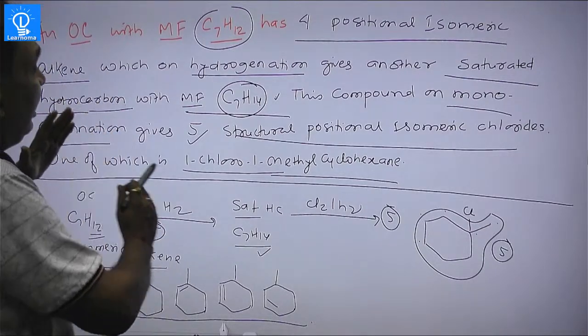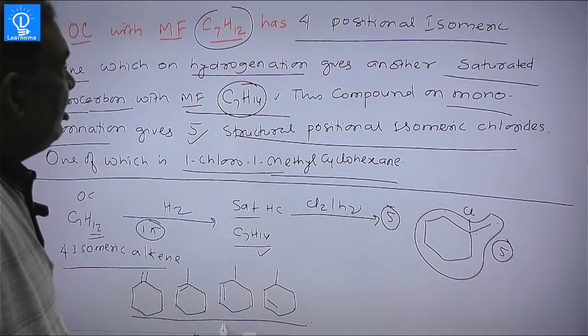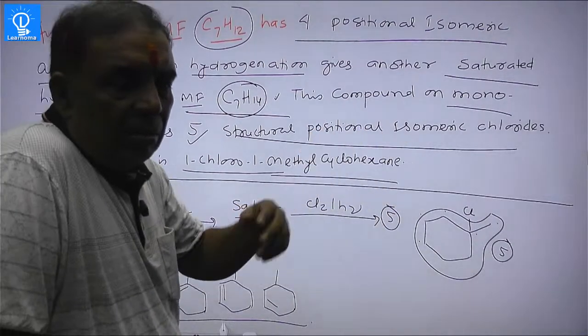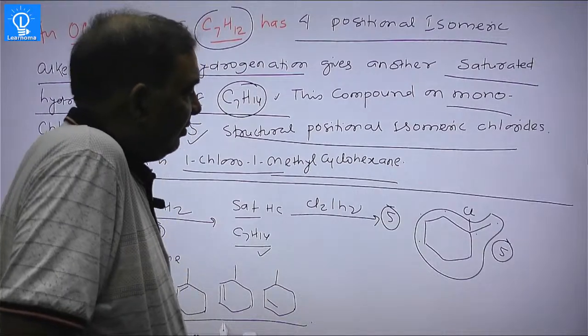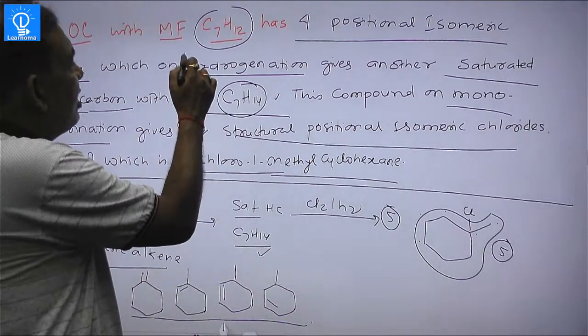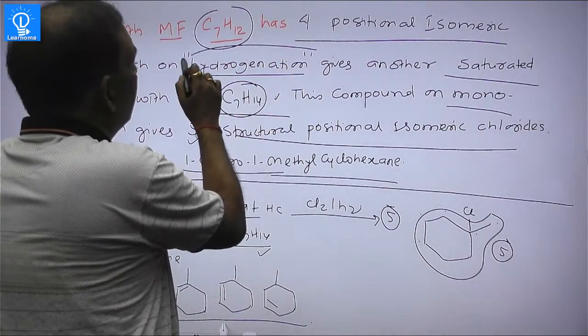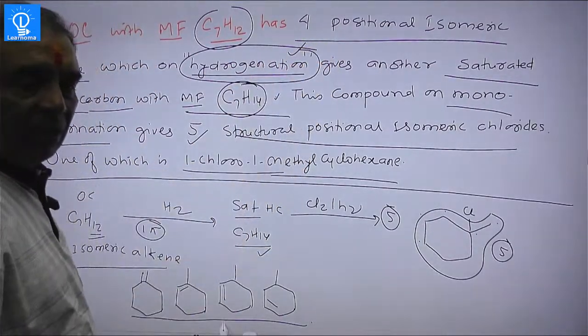Don't go by the length of the question. In organic chemistry, you may get questions in longer sentences. But practically, they are very simple. The idea is that you have to consider the concept of hydrogenation and monochlorination.